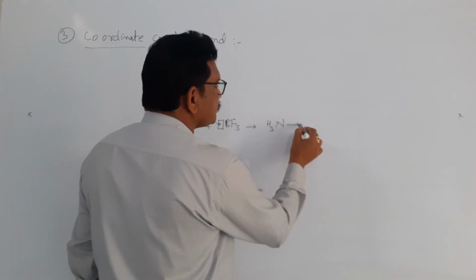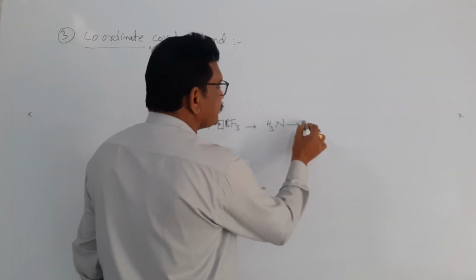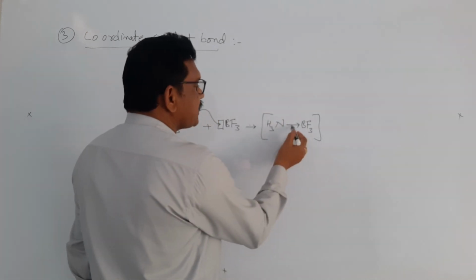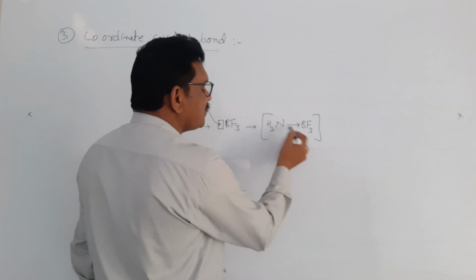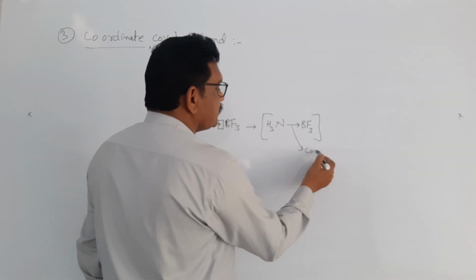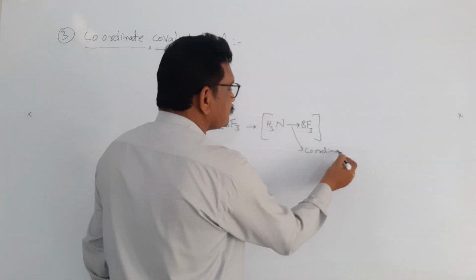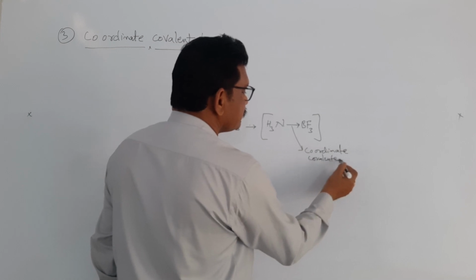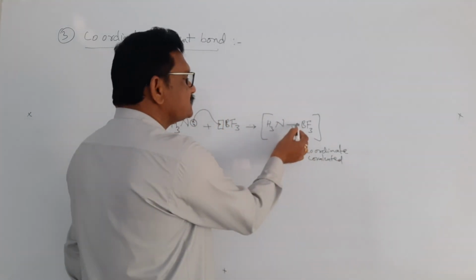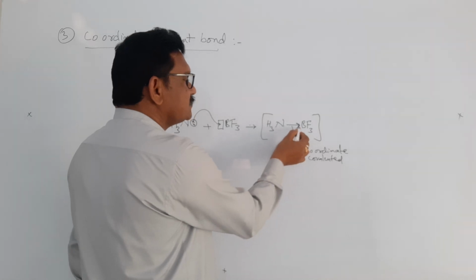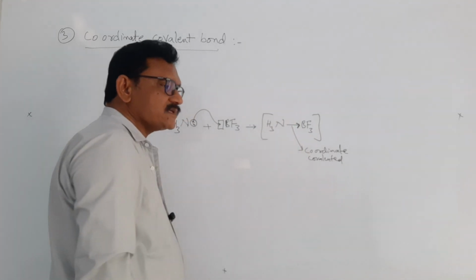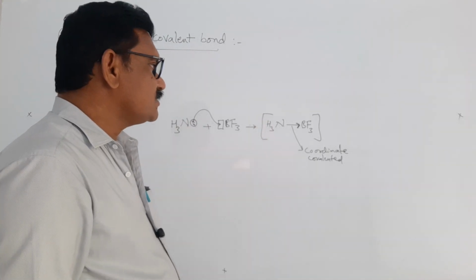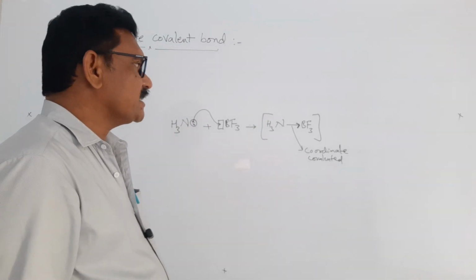Here, ammonia donates the electron pair to the boron trifluoride. Okay, this arrow, this bond is nothing but a coordinate covalent bond, represented with an arrow mark, with the head projected towards the receiver, the electron pair receiver. So this is called coordinate covalent bond. It's a very simple phenomenon.